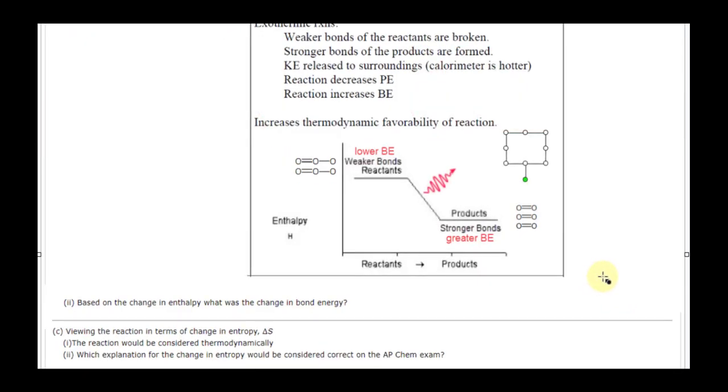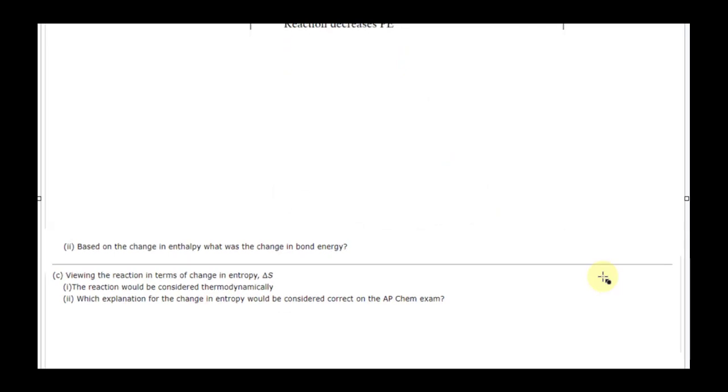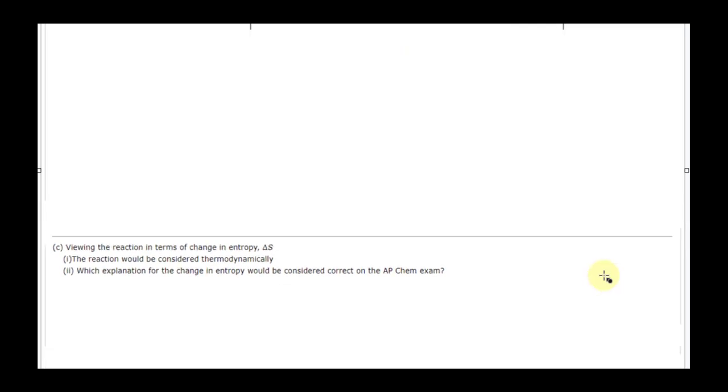Okay, now let's deal with this entropy part. View the reaction in terms of change in entropy. Is the reaction thermodynamically favored or not favored? The general rule is that the entropy of the universe is constantly increasing.